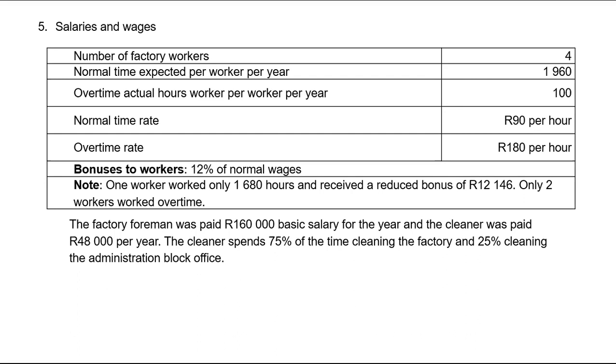And for bonuses to workers, it's basically 12% of normal wage. Note that one worker worked only 1,680 hours and received a reduced bonus of 12,146. Only 2 workers worked overtime. Now, how do we calculate the cost of direct labor here?